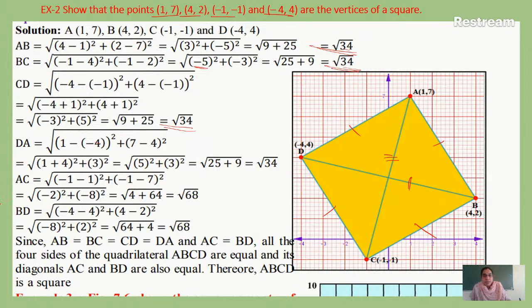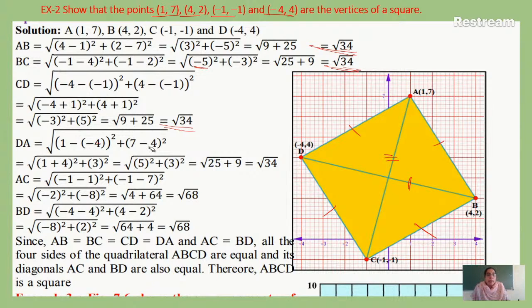Now the last one is DA. Here in the DA, root of (1 minus of minus 4) whole square plus (7 minus 4) whole square, x2 minus x1 we have taken.